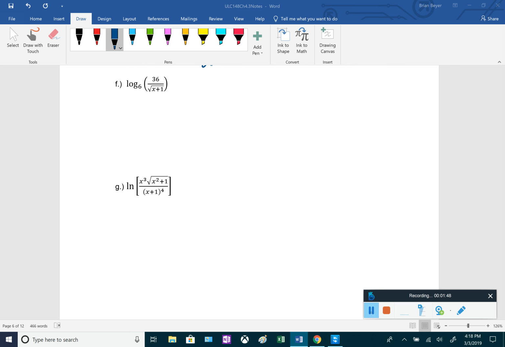Next one, log base 6 of 36 over the square root of x plus 1. So it's going to be quotient rule first, log base 6 of 36 minus log base 6 of the square root of x plus 1. So I'm just going to rewrite that square root as an exponent of 1/2.